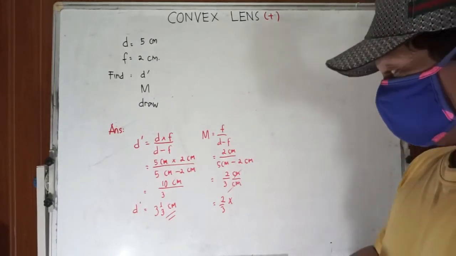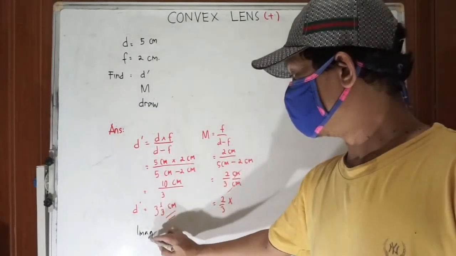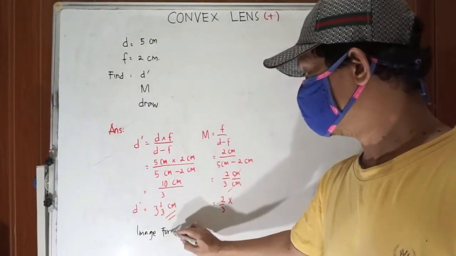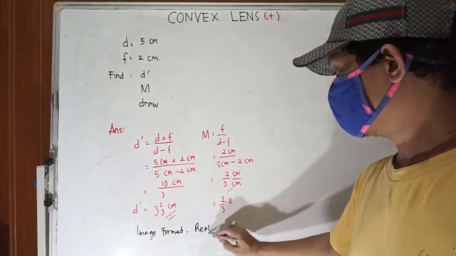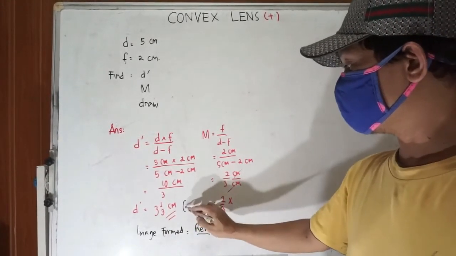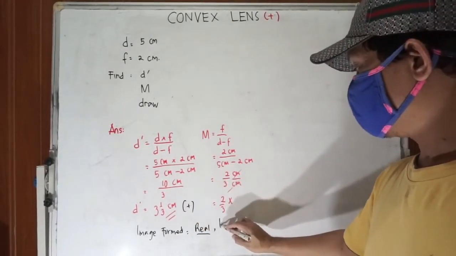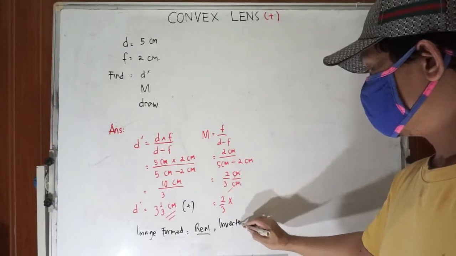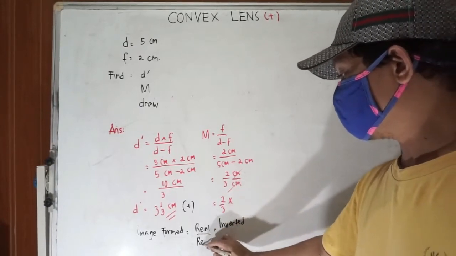So the image formed is real. How do you know it's real? Because D accent is positive. And then inverted and reduced in height.